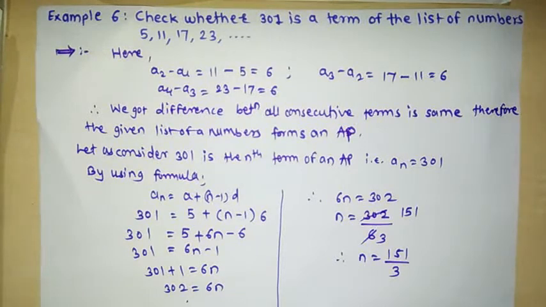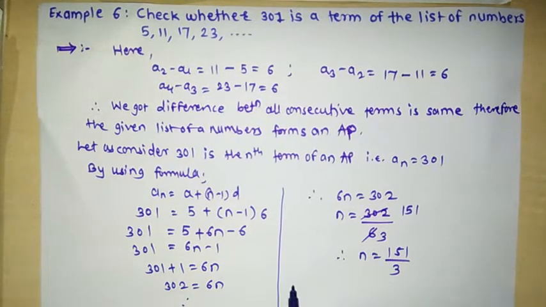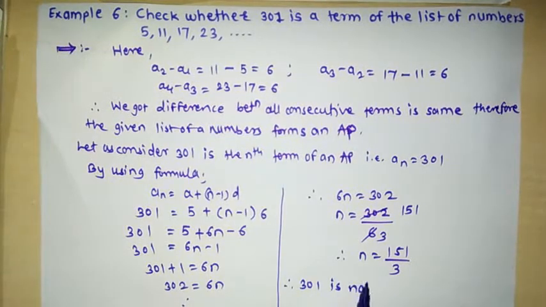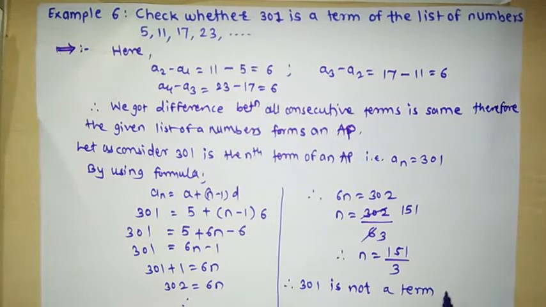Therefore n should not be a fraction here, but we got here a fraction. From this we can say that therefore 301 is not a term of the list given above.